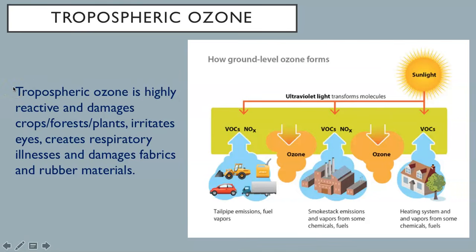Tropospheric ozone is highly reactive and damages crops, forests, and plants, irritates eyes, creates respiratory illnesses, and damages fabrics and rubber materials. Remember, smog, pictured here, is a complex mixture of primary and secondary pollutants, of which tropospheric ozone is the main pollutant.